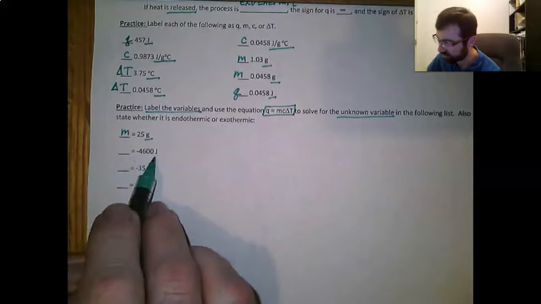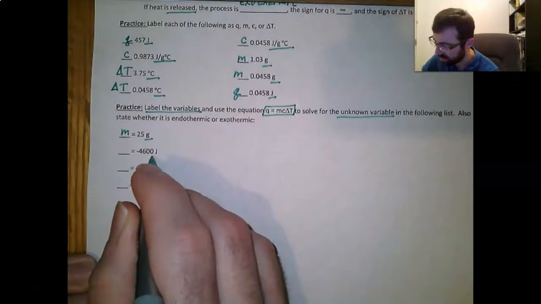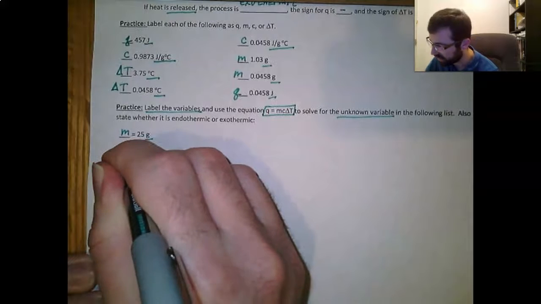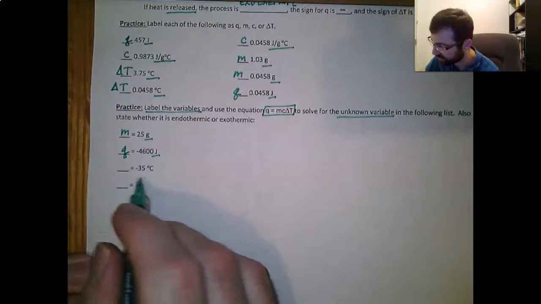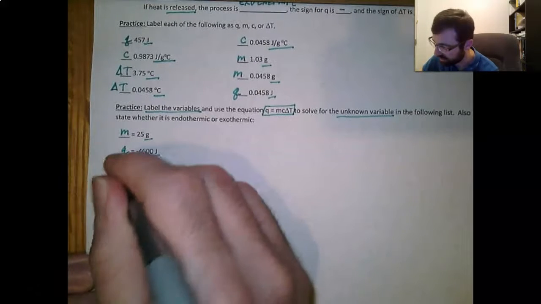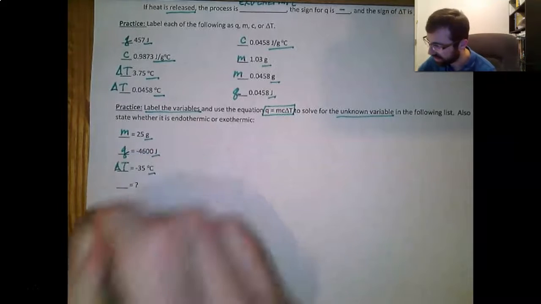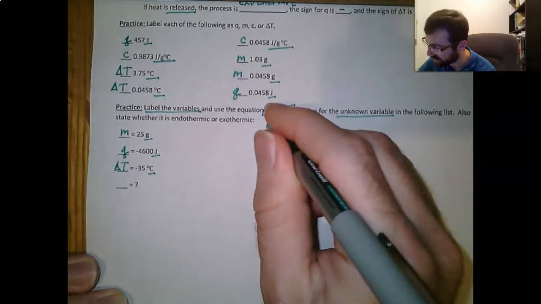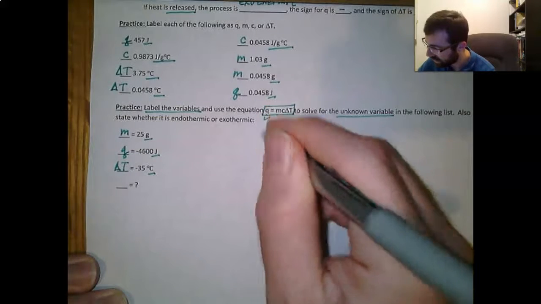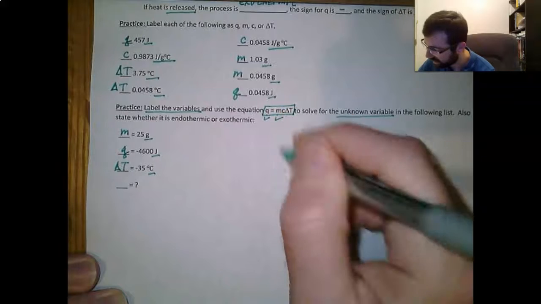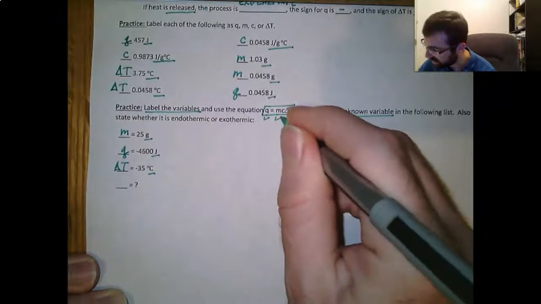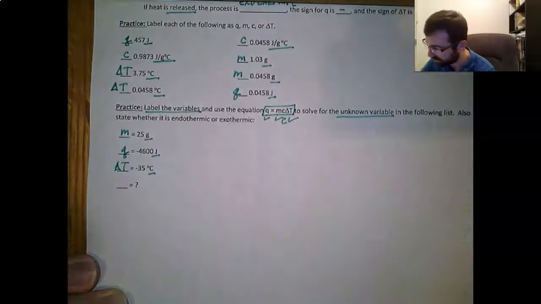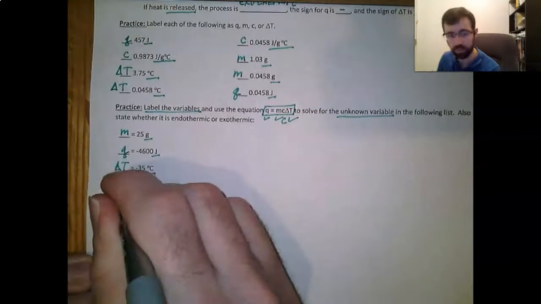This is Q. This is delta T. So if I have my equation Q equals MC delta T, I have Q, I have mass, I have delta T, C is what I don't have, right? So C is what I'm looking for.